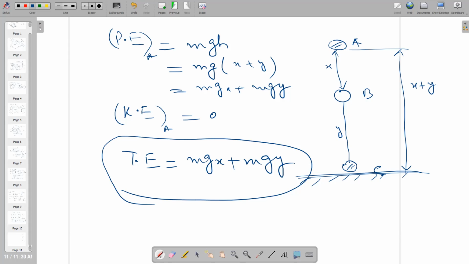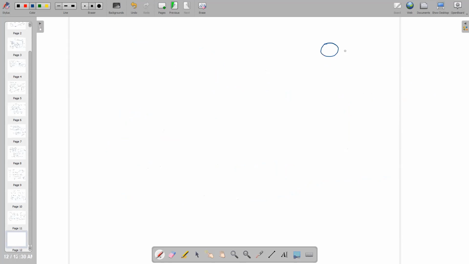So according to the law of conservation of energy, this total energy always remains constant, either at B or at C. Now I want to calculate at point B. This is point A. Now if I want to calculate at point B, what do I have to do? See, this is the A position, this is the B position, and this is the C position.